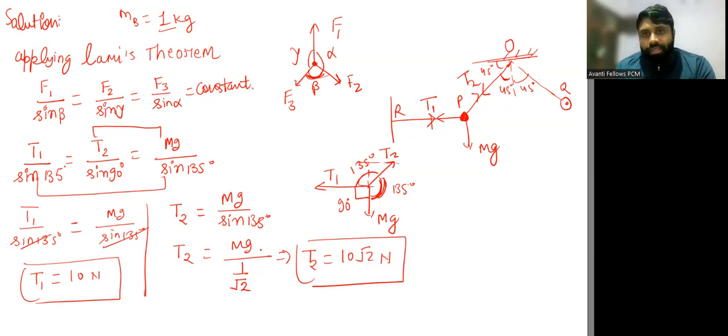Now this is the value when the string is not cut. Now if the string has been cut, what will happen? This is the initial position, let's say, and the ball will move from here to here through an angle of 45.